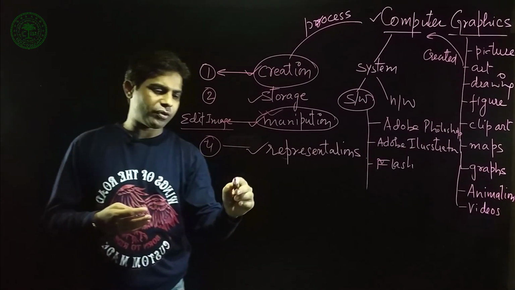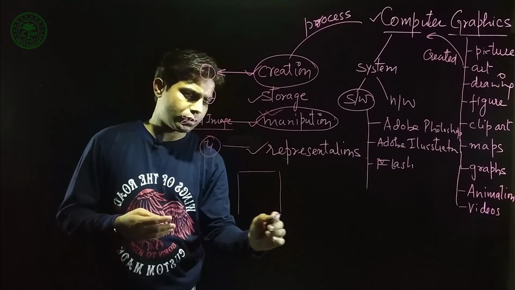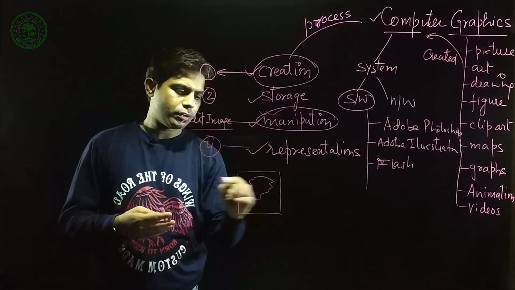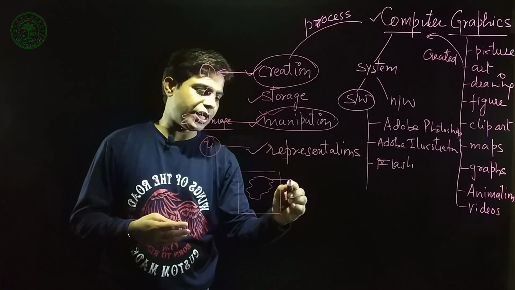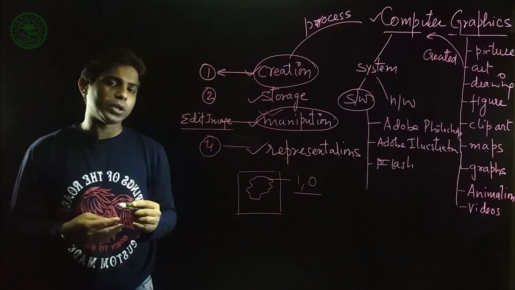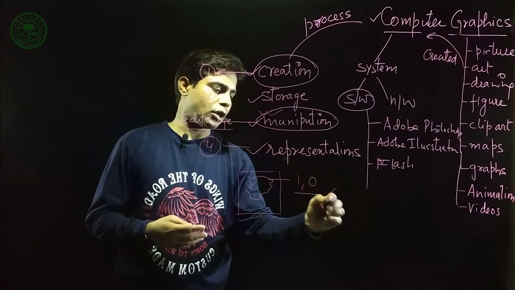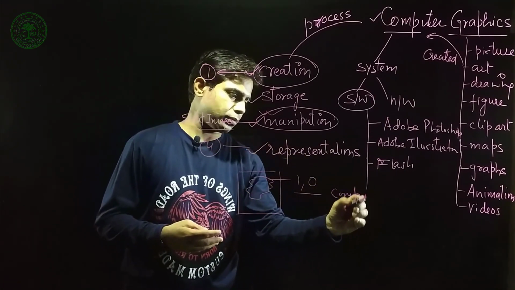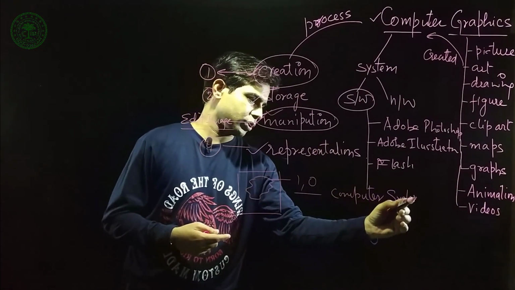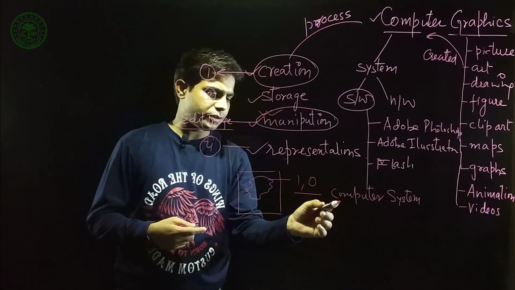Means once you have created an image, how that image will be represented in terms of ones and zeros, because you are using what? You are using a computer system to generate this image.